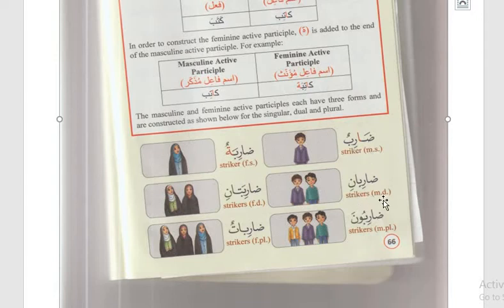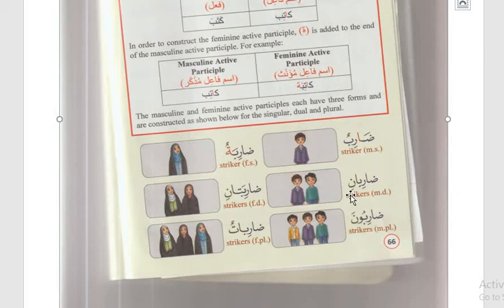If the striker is masculine but dual, it becomes dariban. Why? What is the change we did here? We added alif and nun. You remember before we talked about the dual, and I said, what is the sign of the dual?